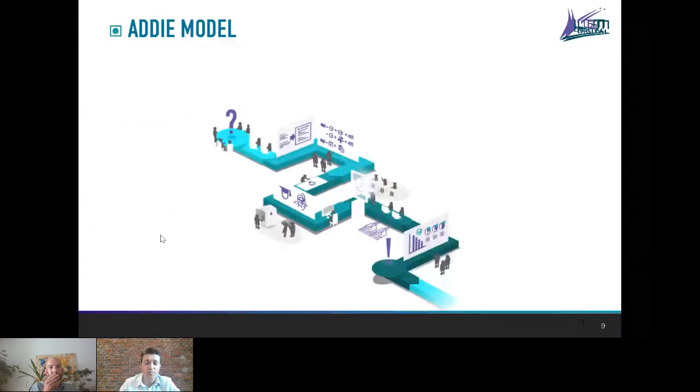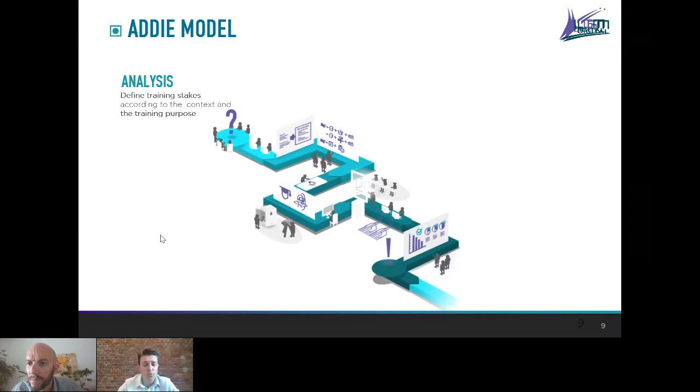So, back a bit to the methodology behind the S6000T. The methodology behind the S6000T is the ADDIE model: ADDIE for analysis, design, development, implementation, evaluation. So this methodology is composed of 5 phases. The first phase is the analysis.